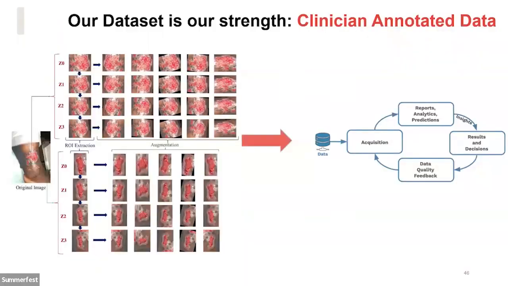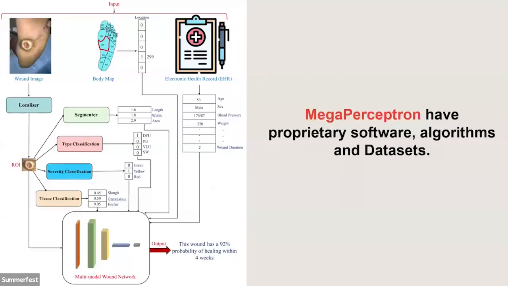And as you can see from the slide over here, we have algorithms that localize, segment, and classify not only the tissue type, but also the classification of the diagnosis. At the same time, the prognostic trajectory of the wound based upon the body mass index and the electronic health records.